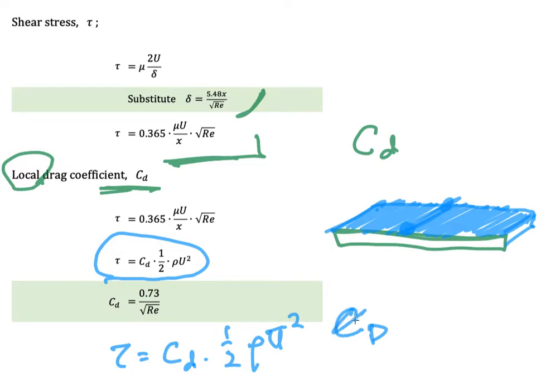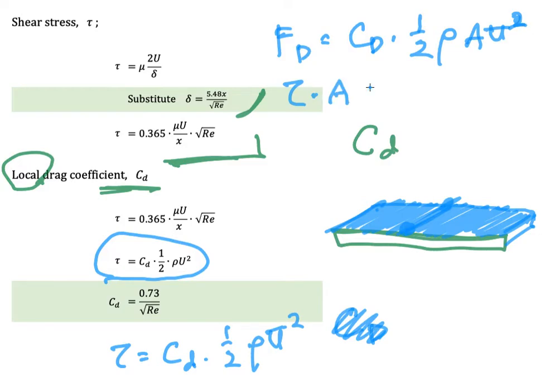Please be careful, because I think you already know the drag force FD is equal to CD 1 over 2 rho A u square. The force here can be substituted with tau and A, and then we cancel out the value of A, so we have tau equal to CD 1 over 2 rho u square. That's why the equation here does not include the value of A.